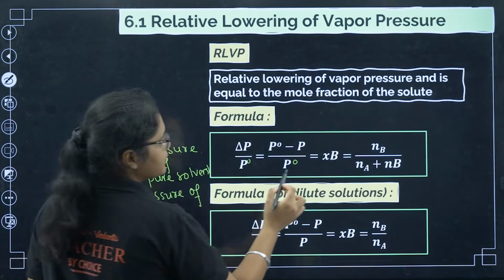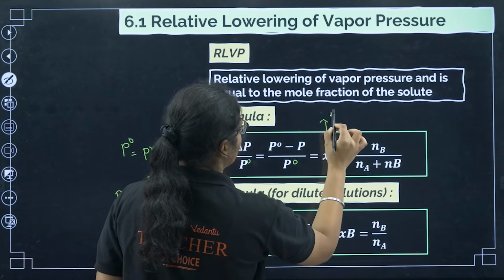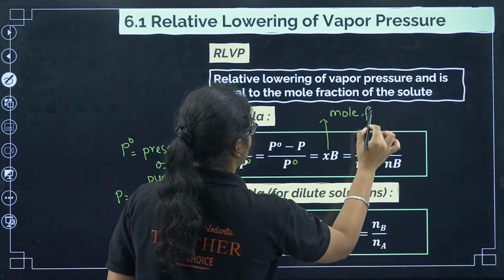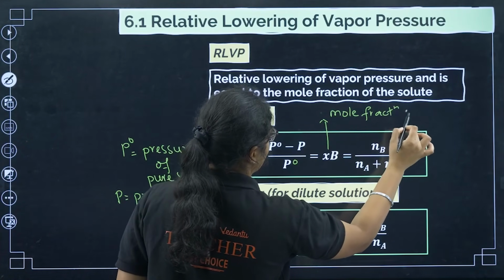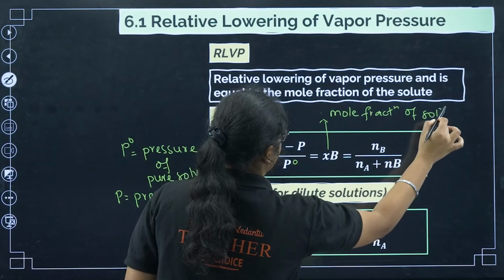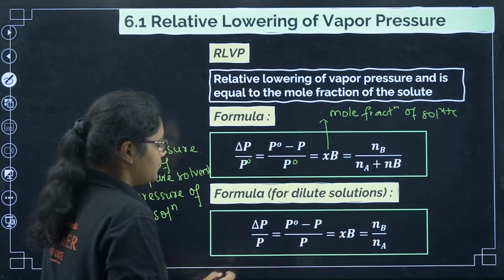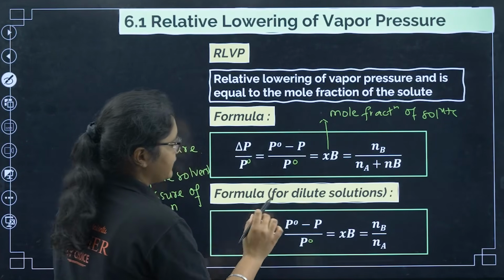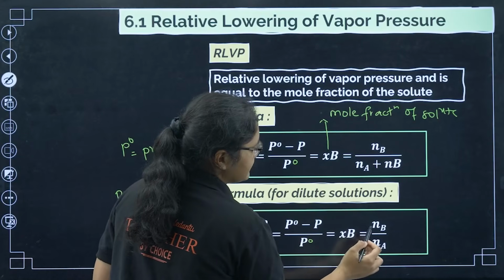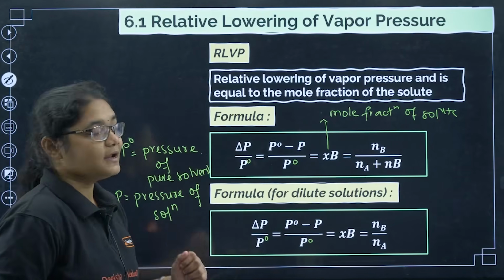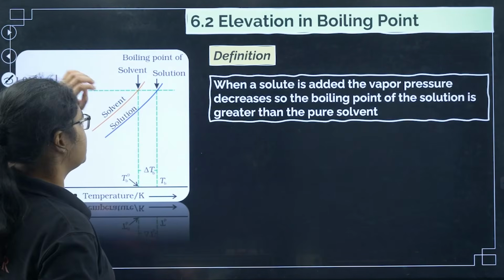Next you have XB. XB is mole fraction of solute. And in case of dilute solution, this XB can be written as NB by NA.